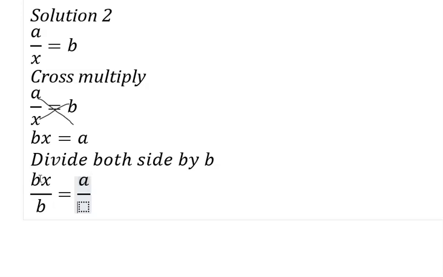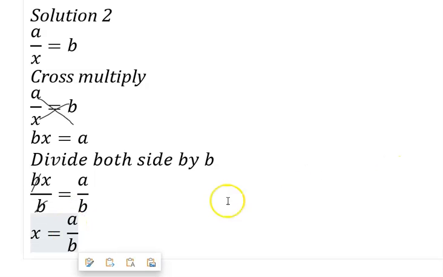And don't forget we are dividing both sides by what? By b. Our aim is for our subject of the formula to stand alone, such that our b can cancel out b. That means our x is now standing alone. So therefore, our x will now be what? a over b. Very easy.